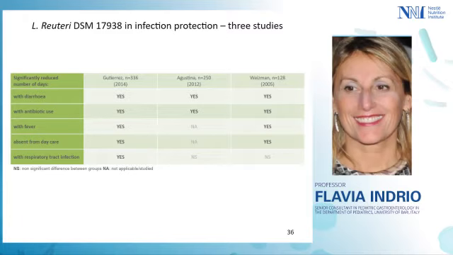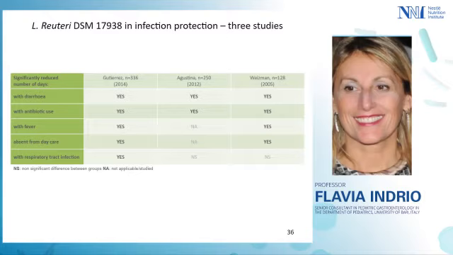Then in Indonesia, Dr. Agustina checked those babies only for diarrhea and antibiotic use, and showed again that the babies supplemented with this strain of probiotics had a reduced number of these two elements. And then Dr. Gutierrez in Mexico took all the babies in the daycare center, 336.